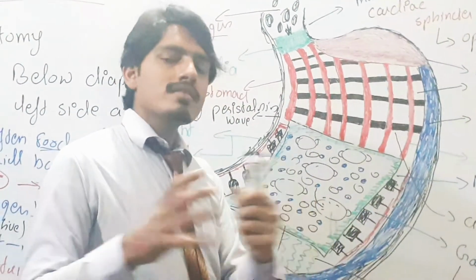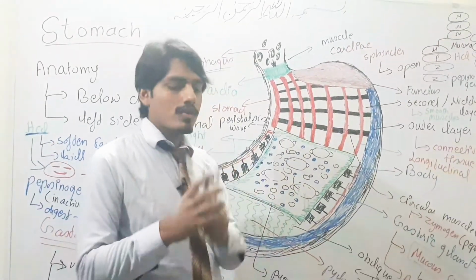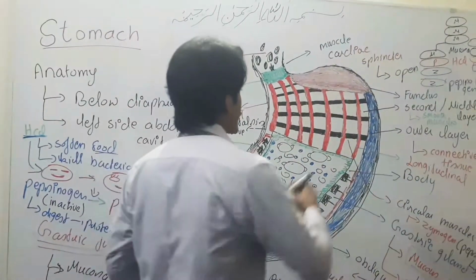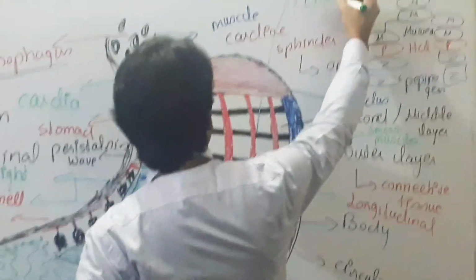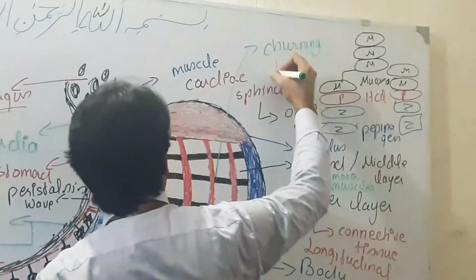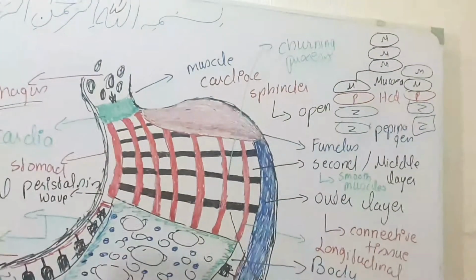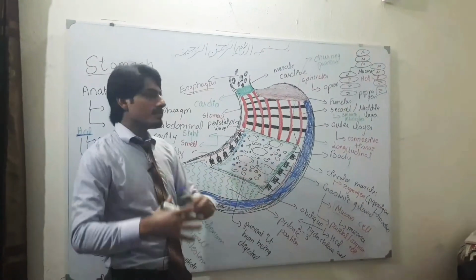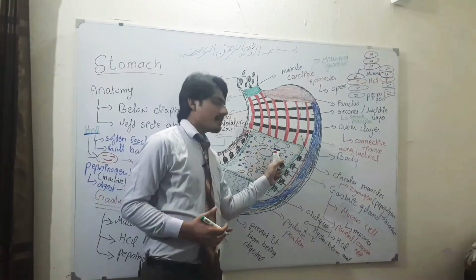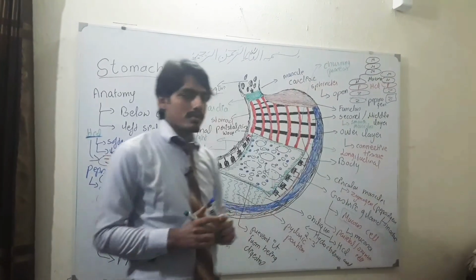They mix with each other when the smooth muscle contracts and relaxes. This phenomenon is called the churning process. Basically, churning is the contraction and relaxation of smooth muscle which mixes the food particles and gastric juice.